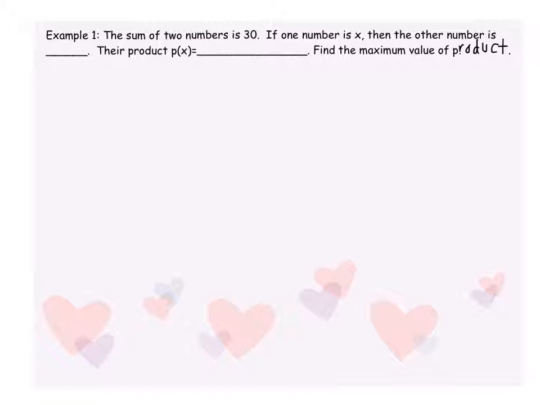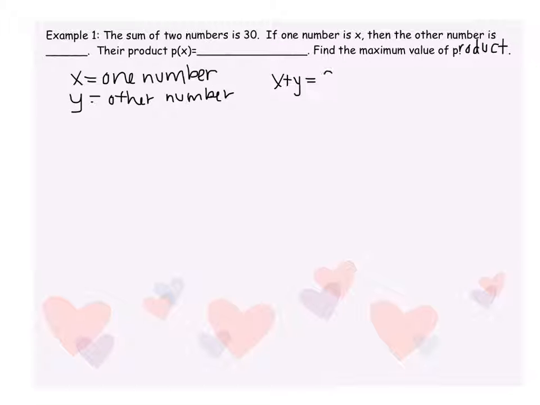Okay, so let's first define some variables. So it already said that x is one of the numbers. So then we know the sum of their numbers is 30. So let's say we call y that other number. So we know then x plus y equals 30.